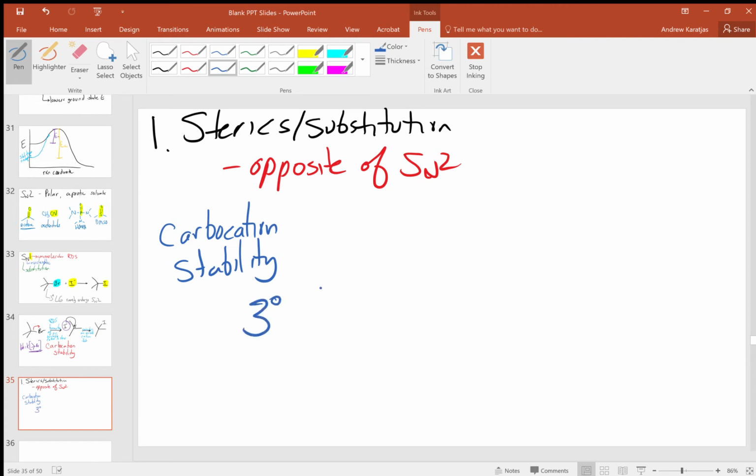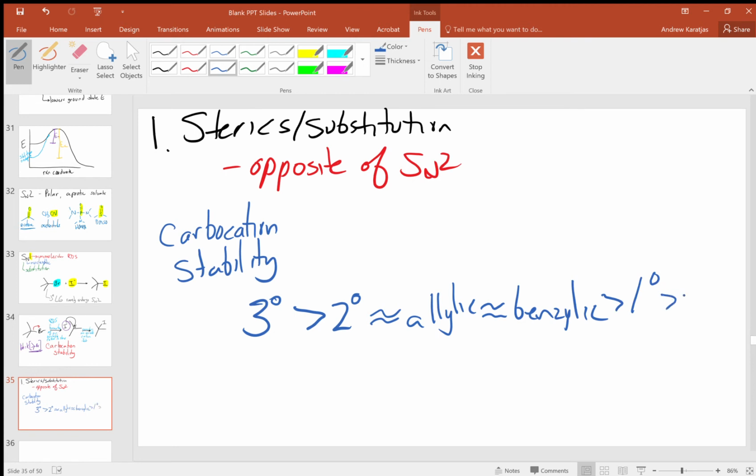Typically tertiary. And tertiary is more stable than secondary. And secondary is typically about the same as our allylic or benzylic cations, which are more stable than primary, more stable than methyl.